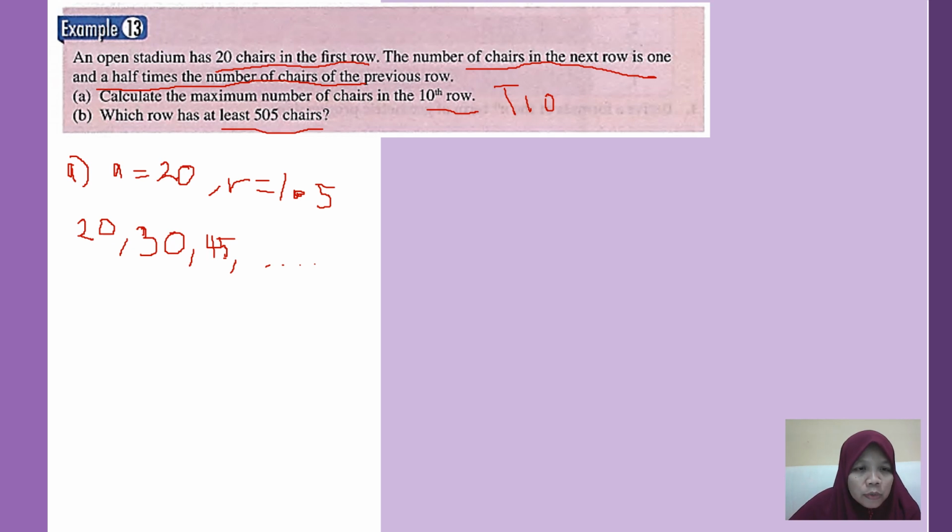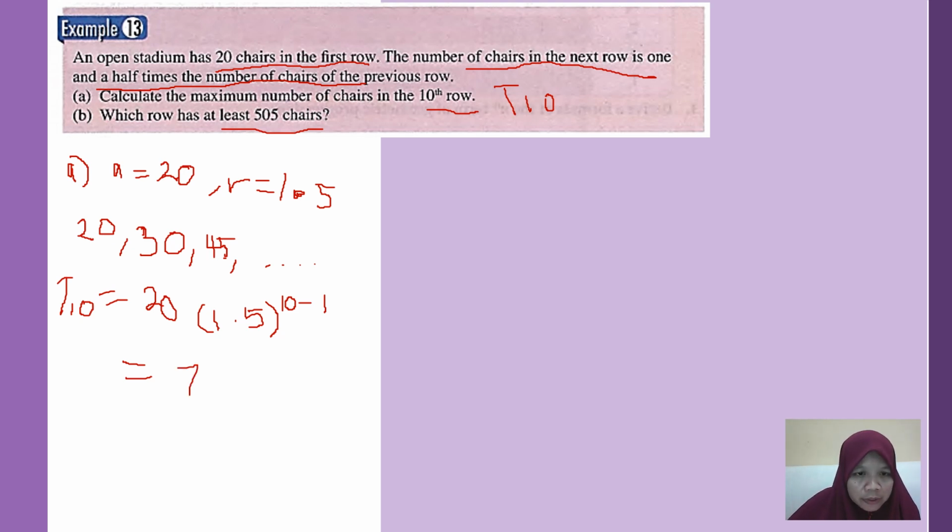Now we want to find the number of chairs in the 10th row, so that is T10. Just apply the formula: T10 is equal to A times R to the power of 10 minus 1, which is 20 times 1.5 to the power of 9.